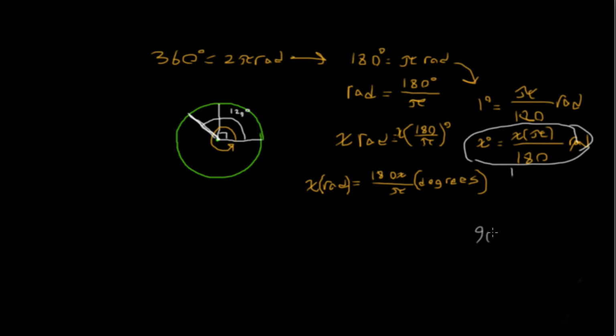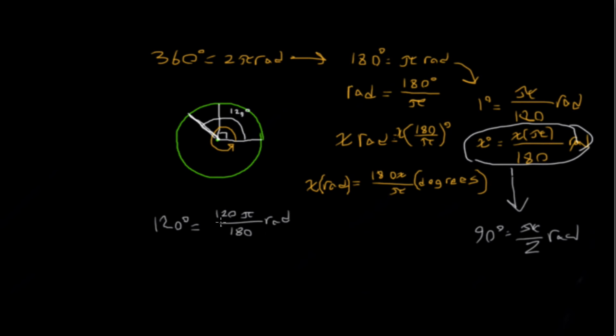So we learned that 90 degrees is equal to pi over 2 radians. So it's 120. 120 degrees is our x, which is equal to 120 times pi over 180 radians.